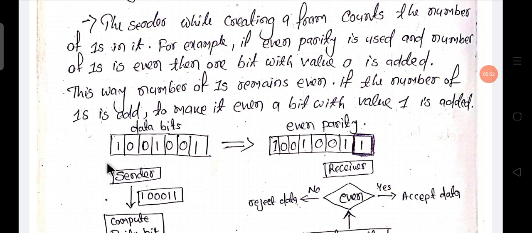The number of 1s is 1, 2 and 3, so it is an odd number. To convert that odd count into even, we add an extra 1 bit, since it is even parity.